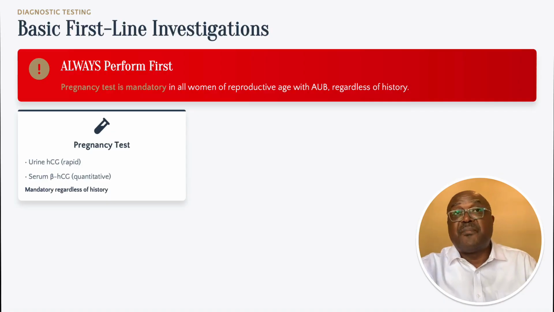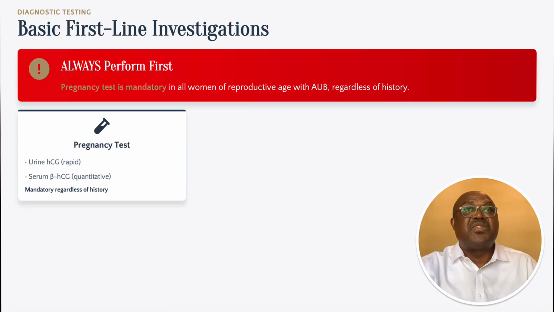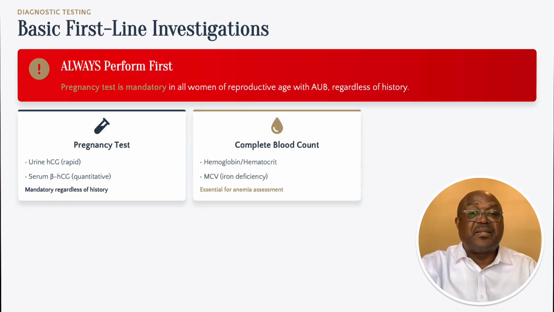You can use a urine HCG for rapid screening, or a serum beta HCG for a quantitative result. Pregnancy-related bleeding, including ectopic pregnancy and miscarriage, must be excluded.